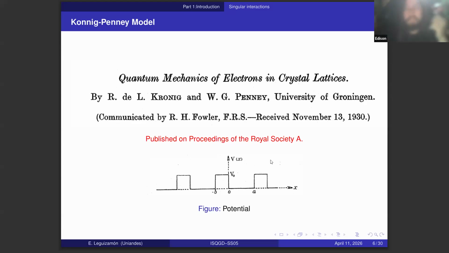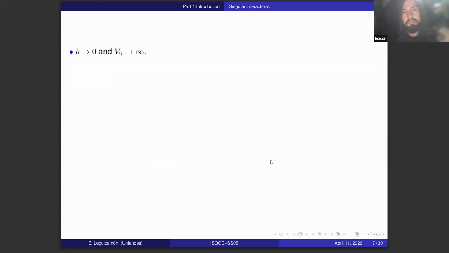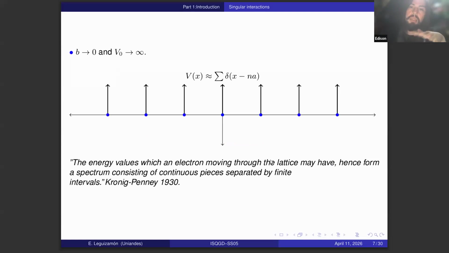They do the calculations of the energy states. Doing the same calculation, they tend b to 0 and B0 to infinity. And this potential, if we do that, approximates the potential B by a sum of delta interactions.